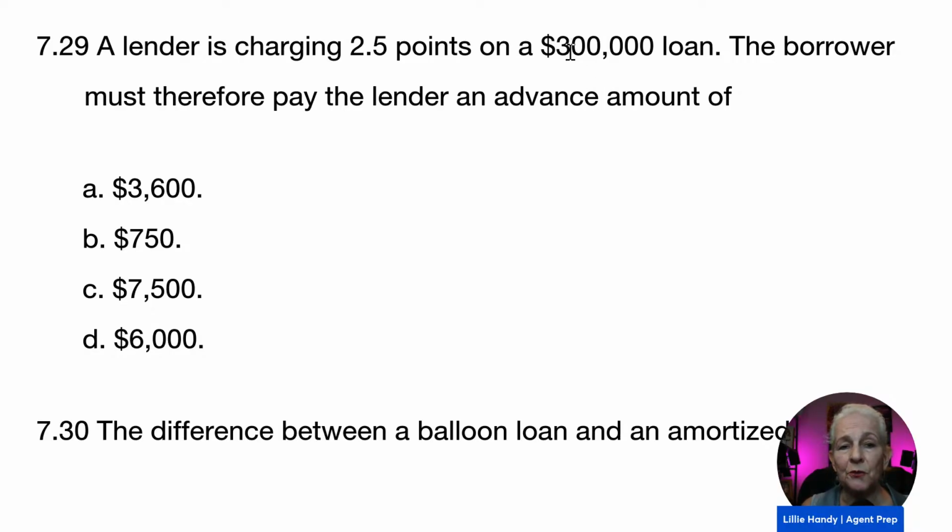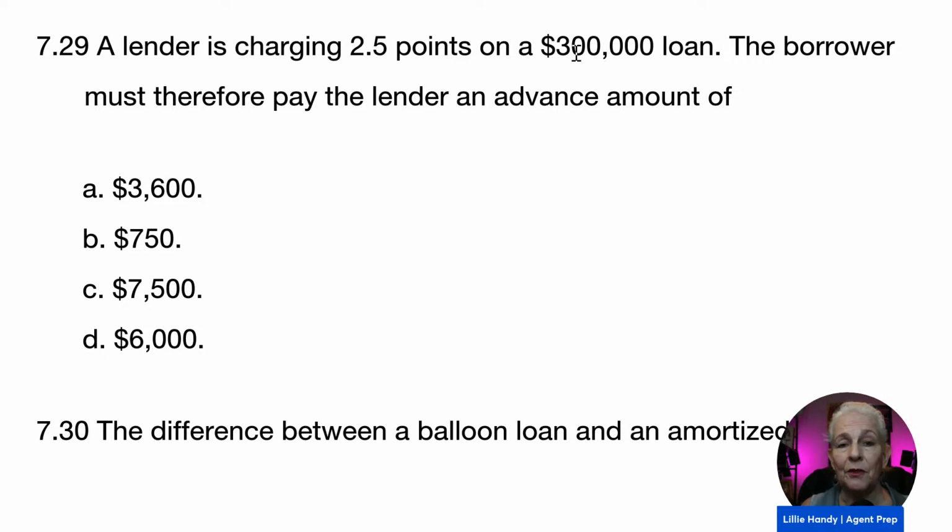So what is 3 times 2.5? 7.5, right? And then you add the zeros because you're moving the decimal point to the left 2 places, 0.02. So on the 300,000, move the decimal point to the left 2.